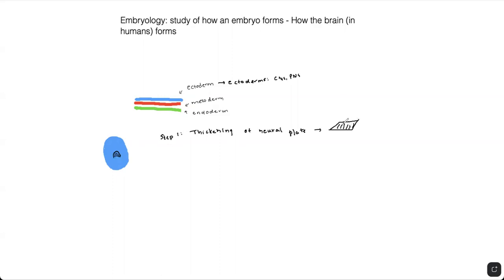So now here's a good time to take a cross section of the embryo. This isn't exactly a completely accurate depiction of what a cross section of the embryo looks like. So here, let's take a section along the neural plate, and what you'll essentially see is something that looks like this. This is your ectoderm, and this stays the same.